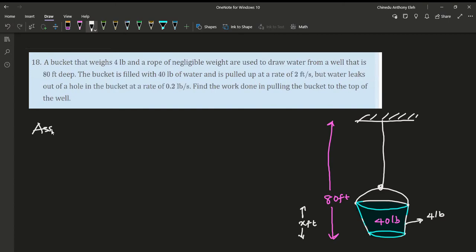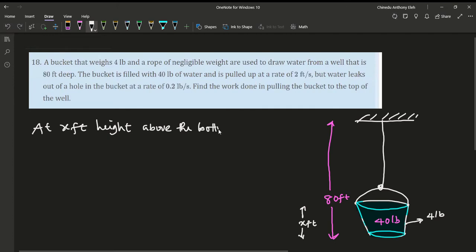I think the best way to start is to say, okay, at x feet height above the bottom of the well.